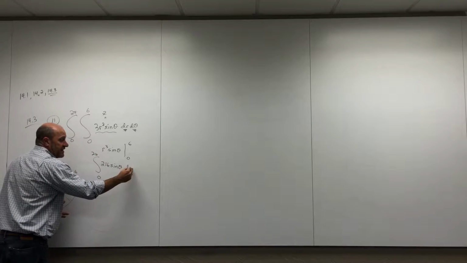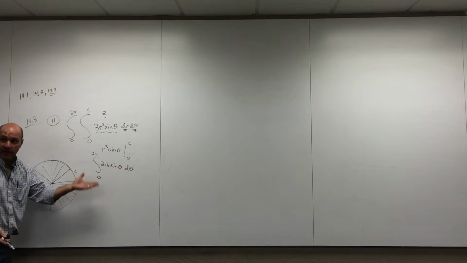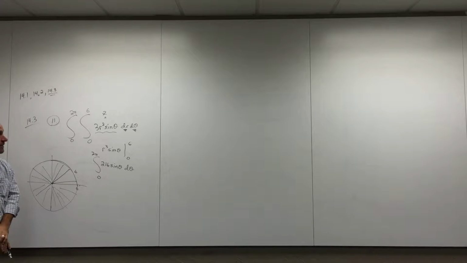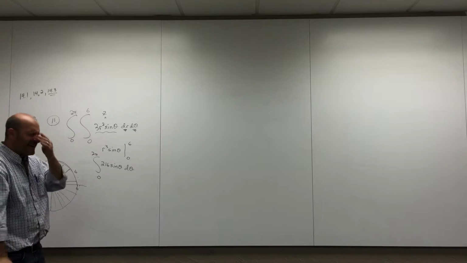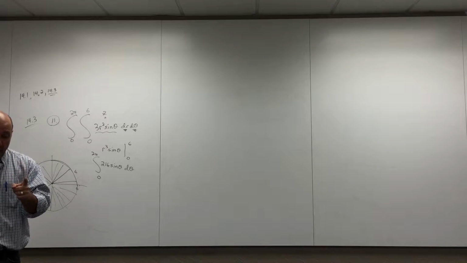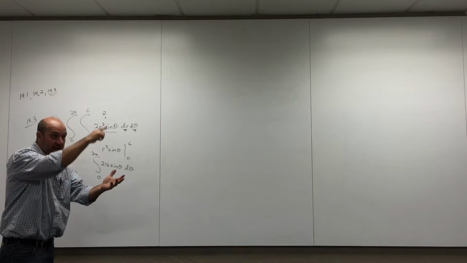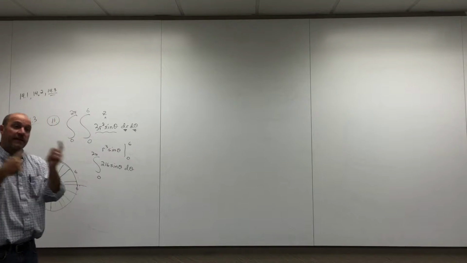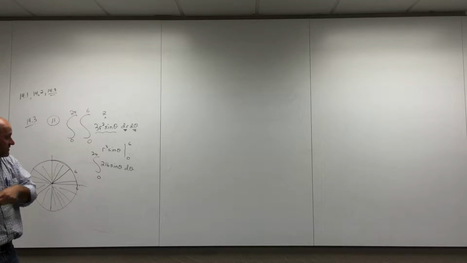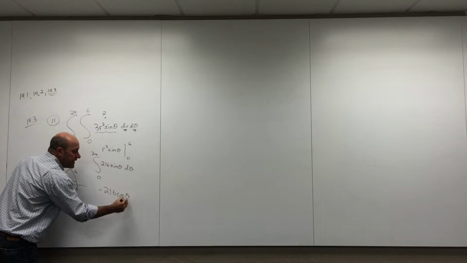I'm left with an outer integral from 0 to 2 pi with respect to theta. There's just one variable left. I integrate with respect to theta. Here we go, integrating a sine theta. I get confused sometimes. The derivative of cos is negative sine, so if you're trying to integrate sine, you get negative cos. So this is negative 216 cos theta.